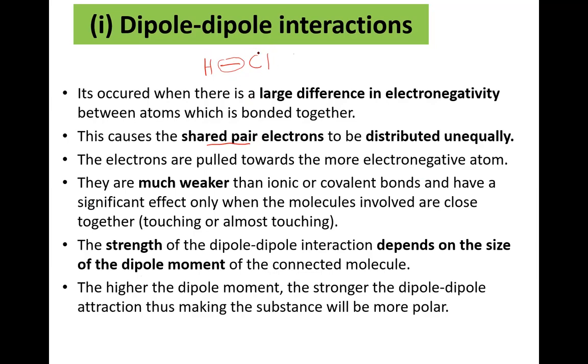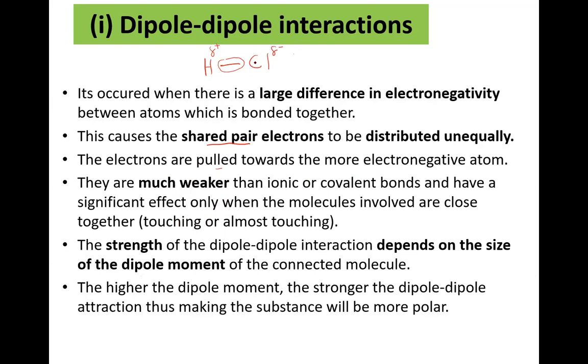The chlorine atom attracts electrons towards itself, making the chlorine atom partially negative and the hydrogen partially positive. The electrons are pulled towards the more electronegative atom, and these forces are much weaker than ionic or covalent bonds and have a significant effect only when the molecules involved are close together.